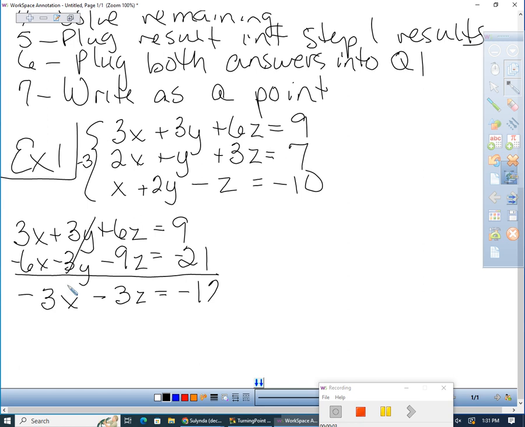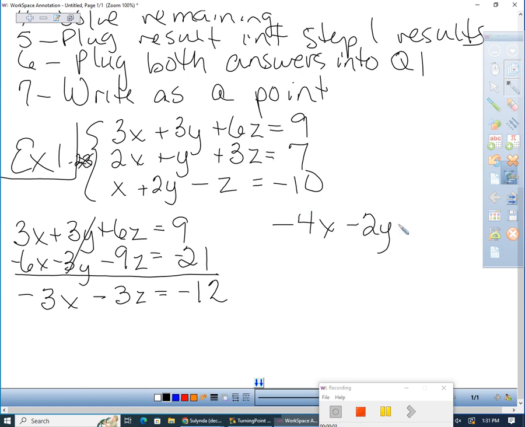Now we're going to go back and use equations 2 and 3 and eliminate y again. This time, if I want to get rid of y, what should I multiply this equation by? A negative 2, I agree. So we're going to multiply by a negative 2. This time I'm going to come over on the right-hand side. So negative 2 times 2x is negative 4x. Negative 2 times y is negative 2y.